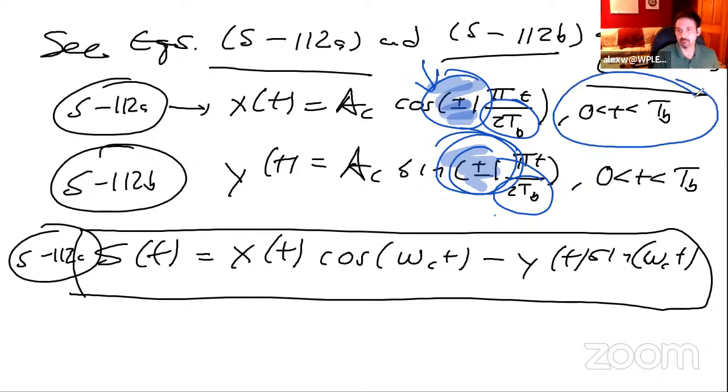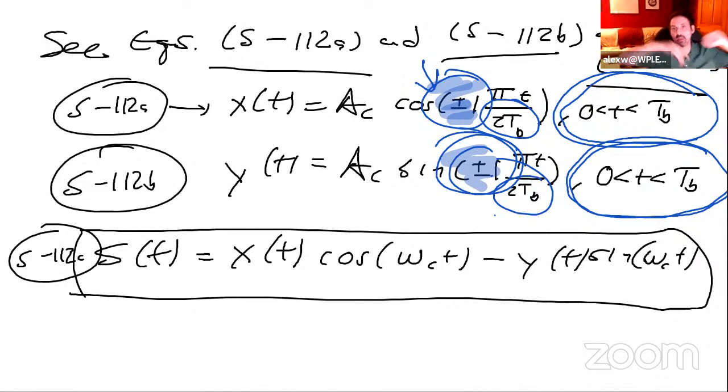This is defined from 0 to TB. So we're only looking at half a period, or sorry, half a cycle. Otherwise, confusion ensues.